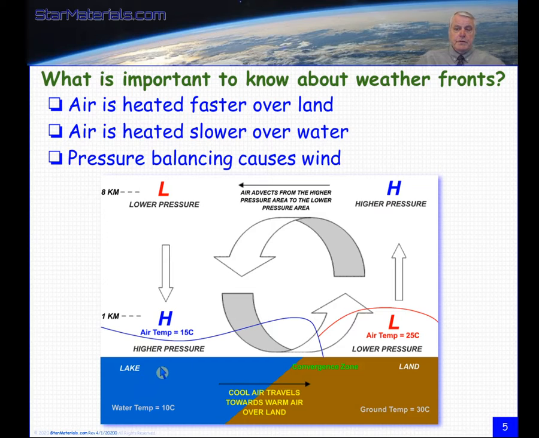Air over water is not going to heat as fast, so it would be higher pressure, higher density, and the balancing of the high pressure and the low pressure causes wind as the cool air travels towards the warmer air over the land. That's where wind comes from.